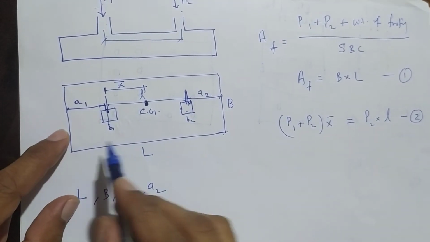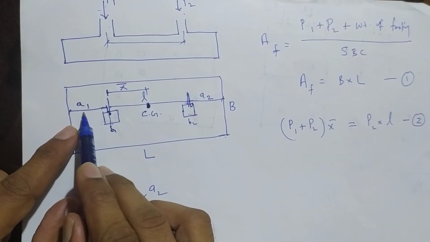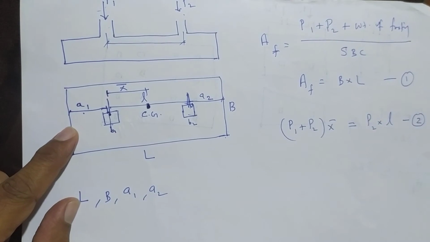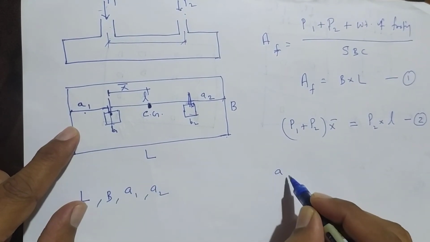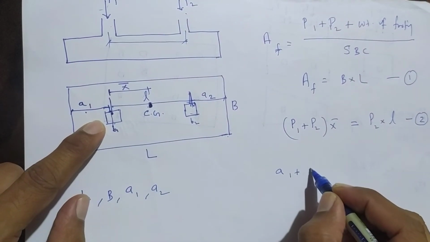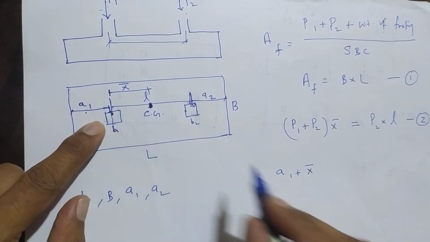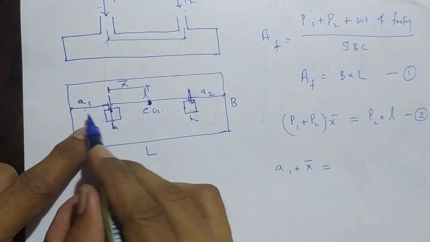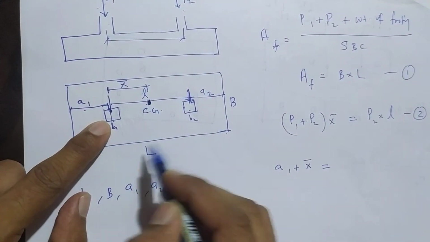Now A1 and A2 also you need to find out. So A1 plus x bar is nothing but L by 2.